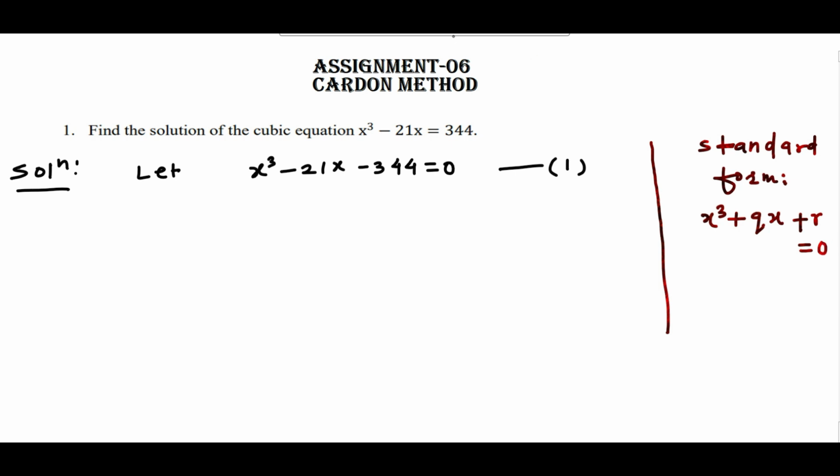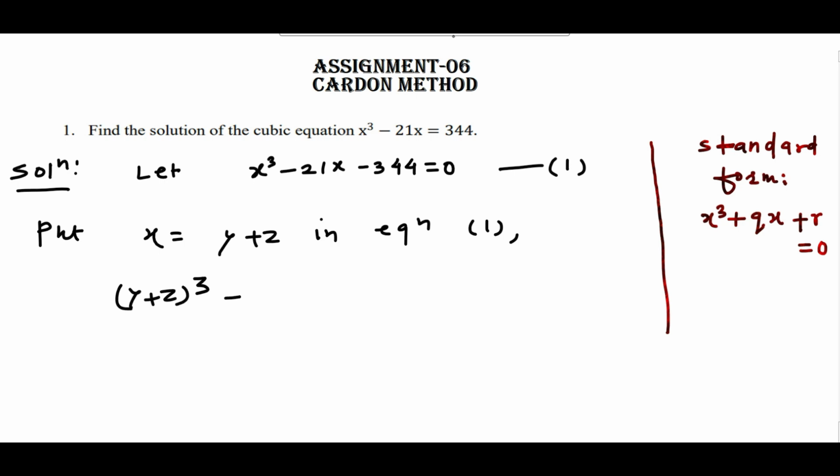So now here we need to substitute the value of x, that is y plus z, in equation 1. Then y plus z to the whole power 3 negative 21 multiplied by y plus z negative 344 is equal to 0.